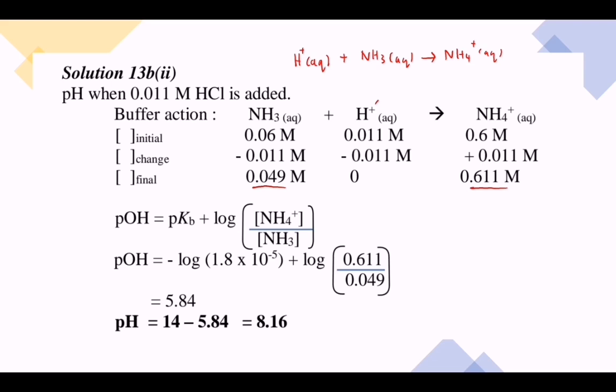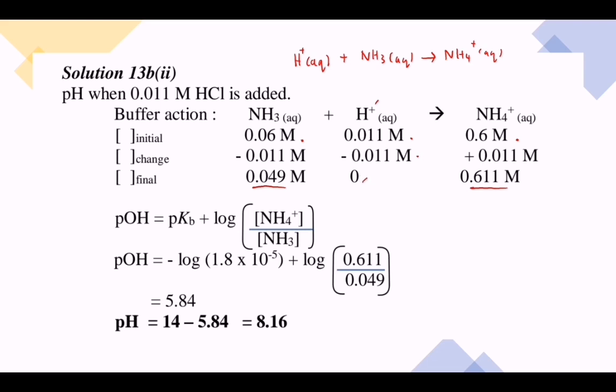So initially in the buffer solution we have 0.06 molar of NH3 and 0.6 molar of NH4+. Now by adding 0.011 molar of H+, we have to subtract 0.011 molar of H+ added so that we get 0 in the end.